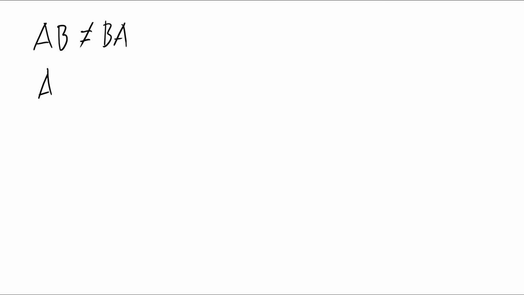The matrix A times I does in fact equal the matrix I times matrix A. So those can be multiplied in any order. That is one of the exceptions to the rule that we cannot swap the order of those two matrices.